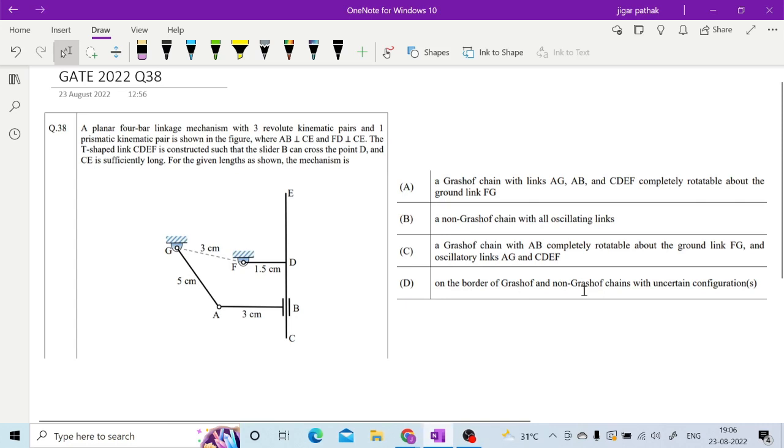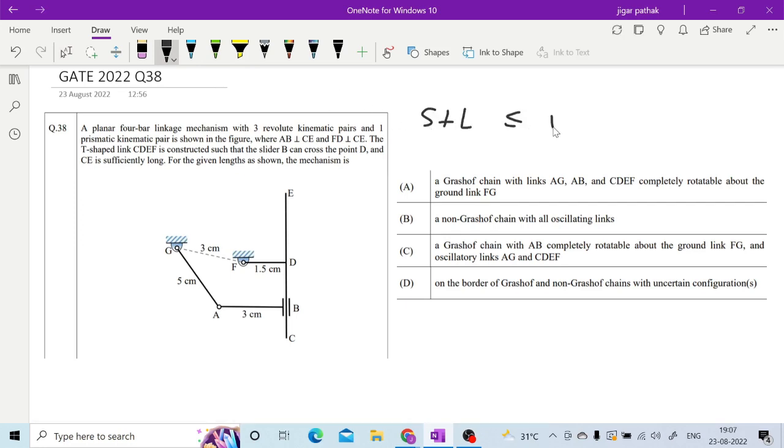See, what we have discussed is where all the turning pairs were there, where we classified Grashof links and different mechanisms based on Grashof's law, S plus L less than or equal to P plus Q. Whatever we discussed in this Grashof's law, at that point all the 4 pairs were turning pairs, while here you have 3 revolute kinematic pairs and 1 prismatic kinematic pair, right?